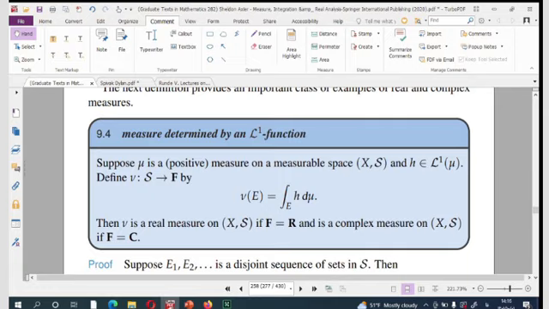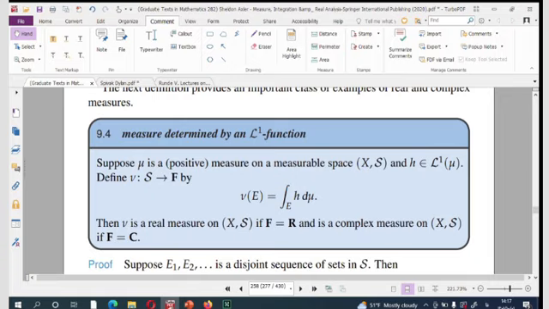Suppose mu is a positive measure on a measurable space (X, S), and h belongs to L1 of mu. Define nu from S to F by this equality: nu of E equals this integral.